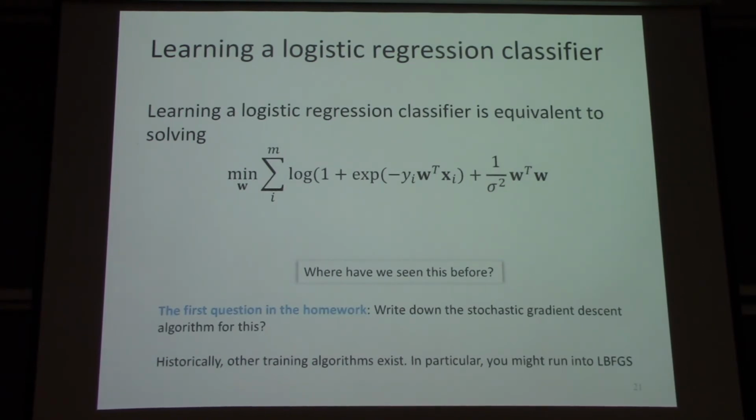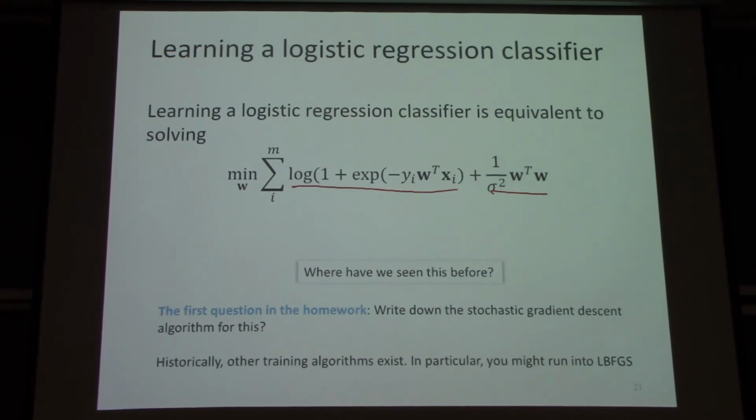The way to think about it is at every step you take one example, pretend that that example is your entire data set, and write down the loss function. So this summation is the sum over one example. The whole objective is the sum of these two things. So you write down both of them and then you take the gradient.